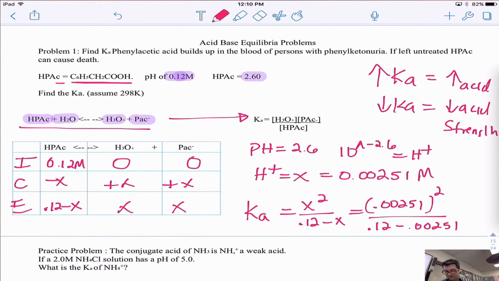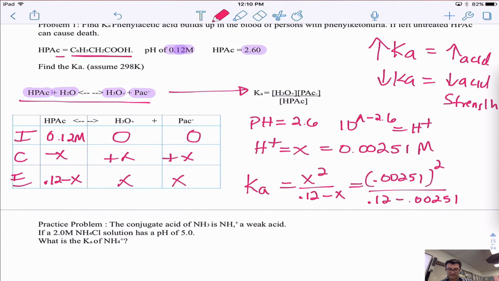So if I square this value here, and then I divide it by parentheses 0.12 minus 0.00251, I will get 5.4 times 10 to the negative fifth.